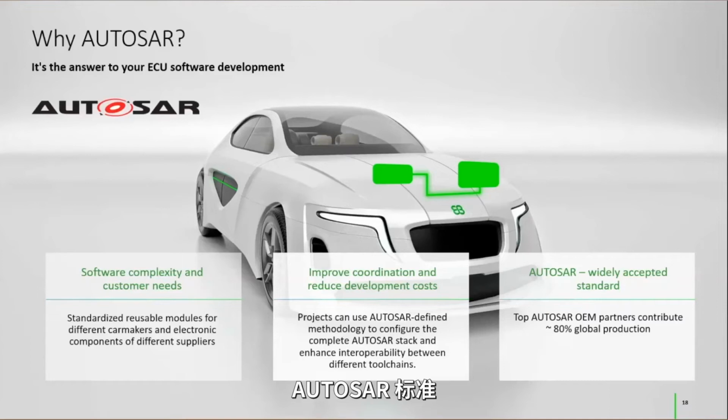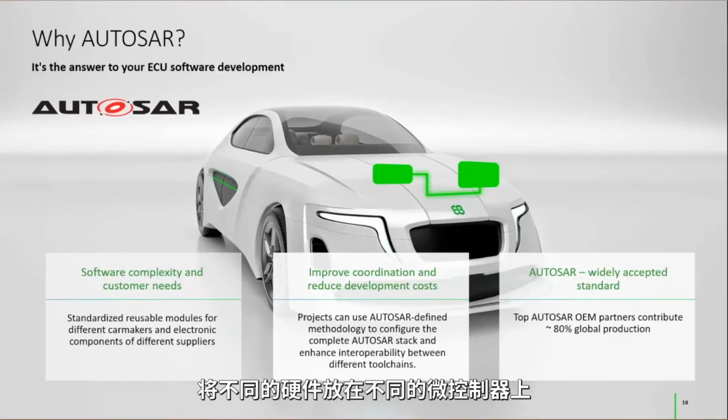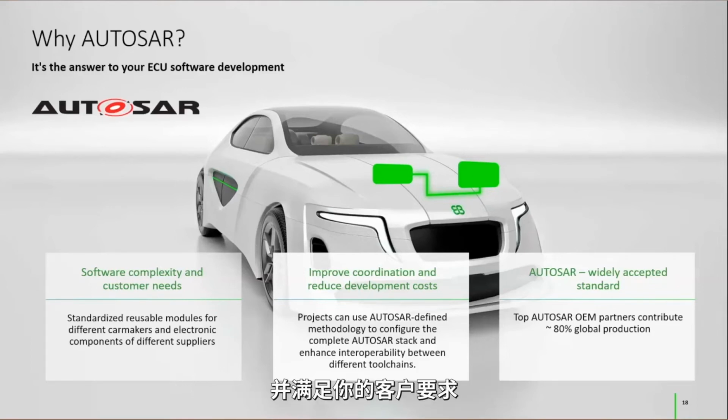The AUTOSAR standard provides you standardized and reusable modules that you can, think of the slide before, put on top of the different hardwares from different microcontrollers, and you can still concentrate on solving your challenges and fulfilling your customers' requirements, even if they are from different suppliers, or if you're building your software application for a different OEM. If they all use AUTOSAR, you're always compatible to those interfaces.